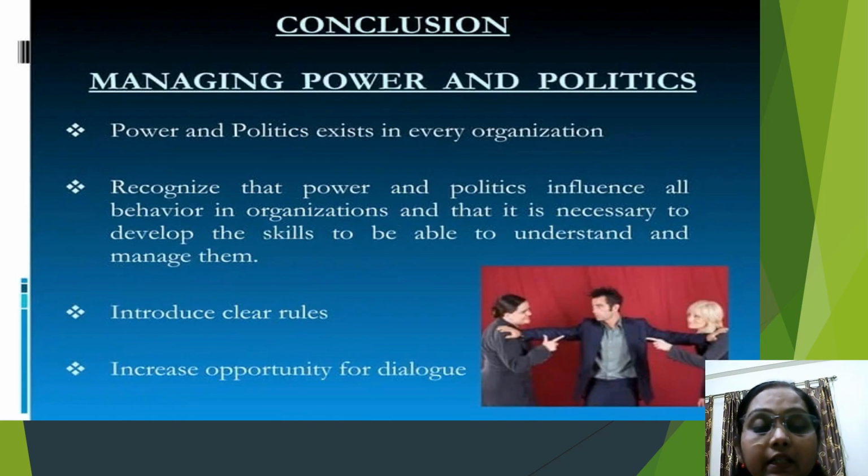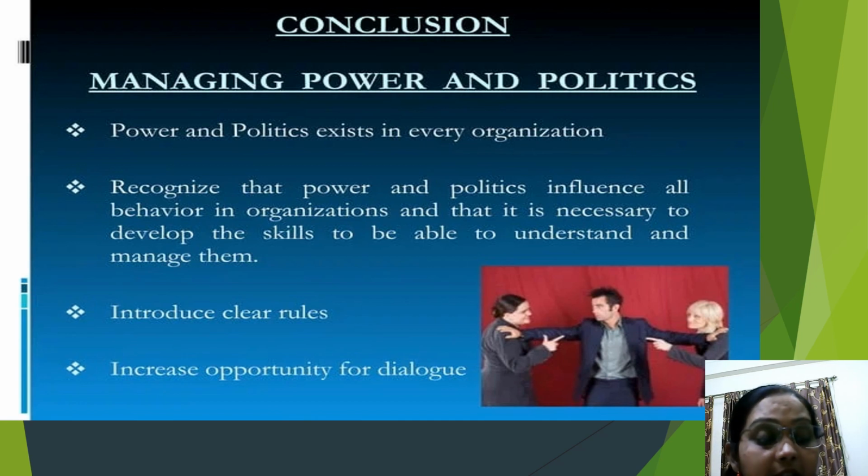So at last we must know how to manage power and politics inside the organization. Here you can see that power and politics exist in every organization. It is inevitable, where people are working in a hierarchy, and at some position they are authorized and have some legal power to utilize. When they use those powers, the politics starts from there.